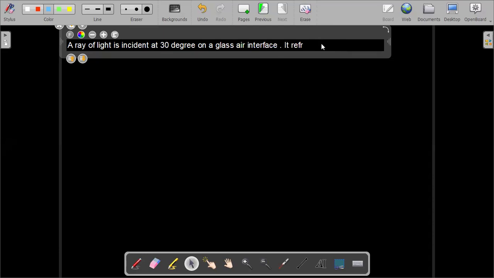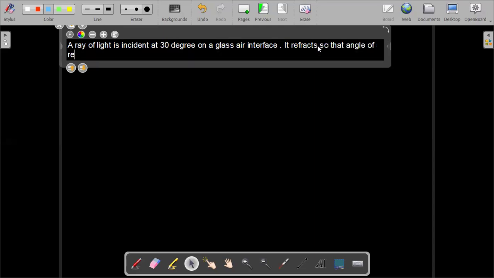It refracts so that the angle of refraction is 90 degrees.